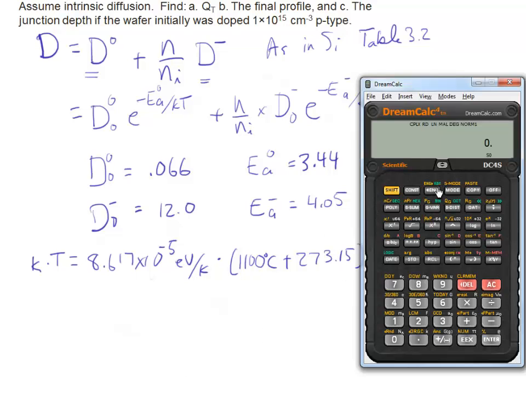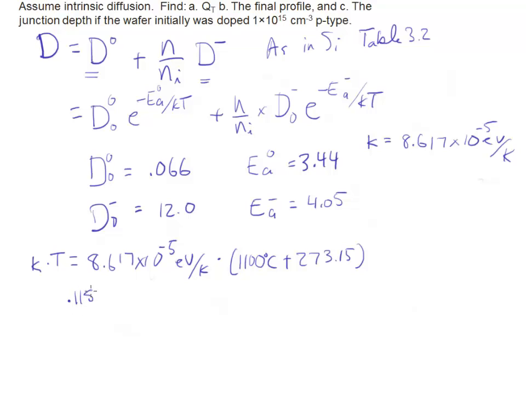So going to calculator for this, I can enter 8.617 e to the -5 times parentheses 1100 plus 273.15 close parentheses, and that is equal to, I'm going to write that down, 0.11832, and since this was Kelvin, the units cancel, and we're left with electron volts.